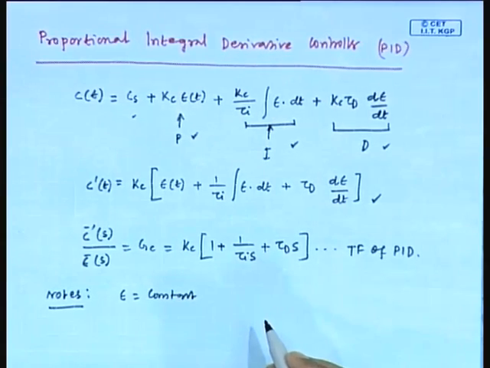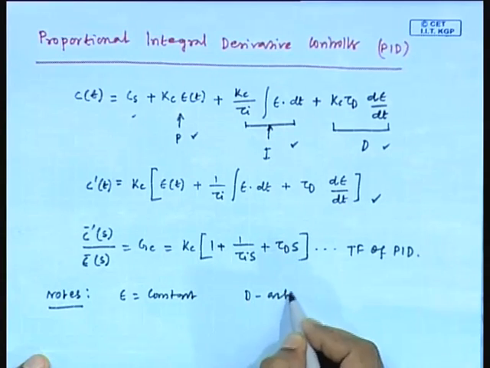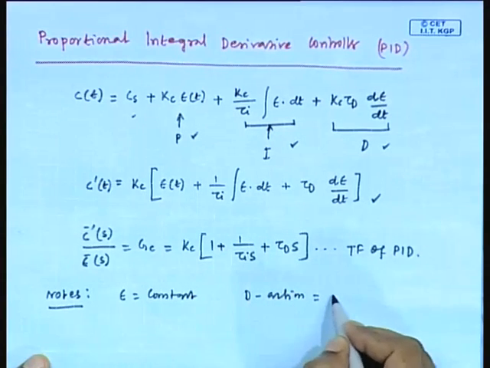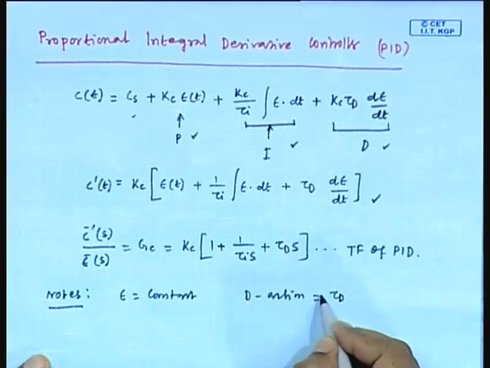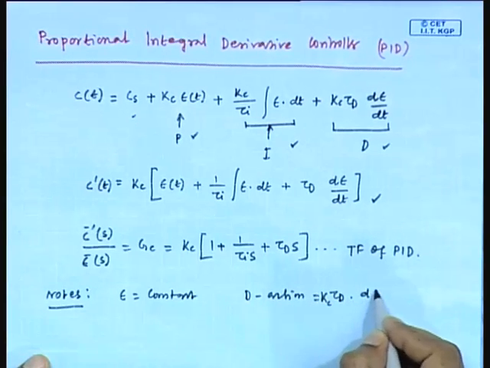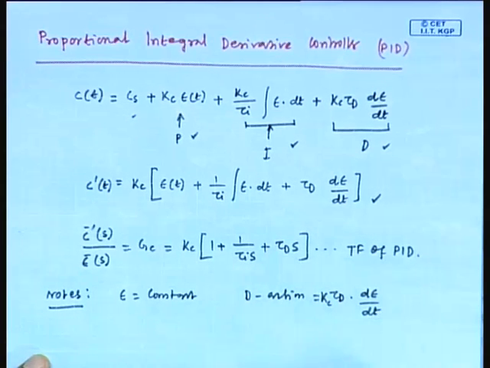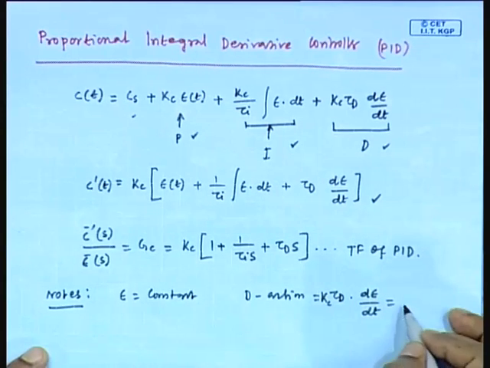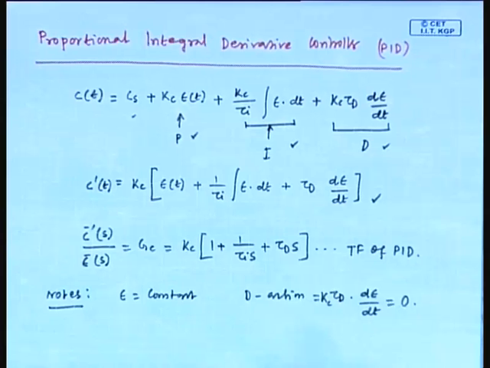There is no existence of derivative action, because derivative action is equal to Kc tau D d error dt. If error is constant, then the differentiation of that with respect to time becomes 0. So, this point we can note down as first point.